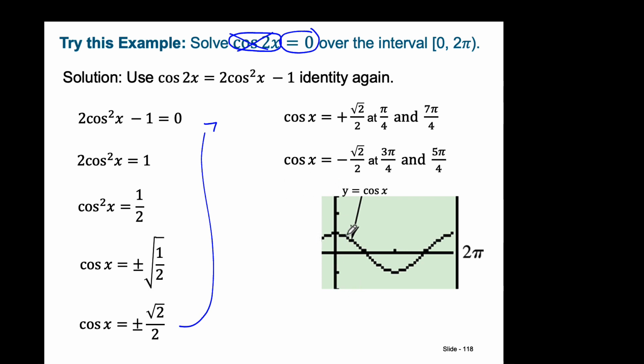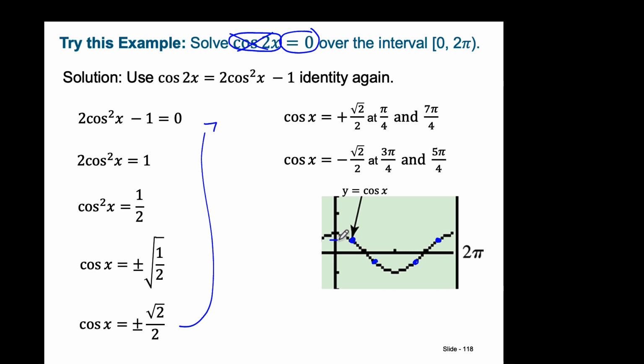If you want to sketch a little graph of cosine, that can help show why we're getting 4 answers. Cosine of x will hit this value of radical 2 over 2. It's going to hit the positive one there, and then the negative radical 2 over 2, it'll hit there, there, and then the positive radical 2 over 2 again right here.